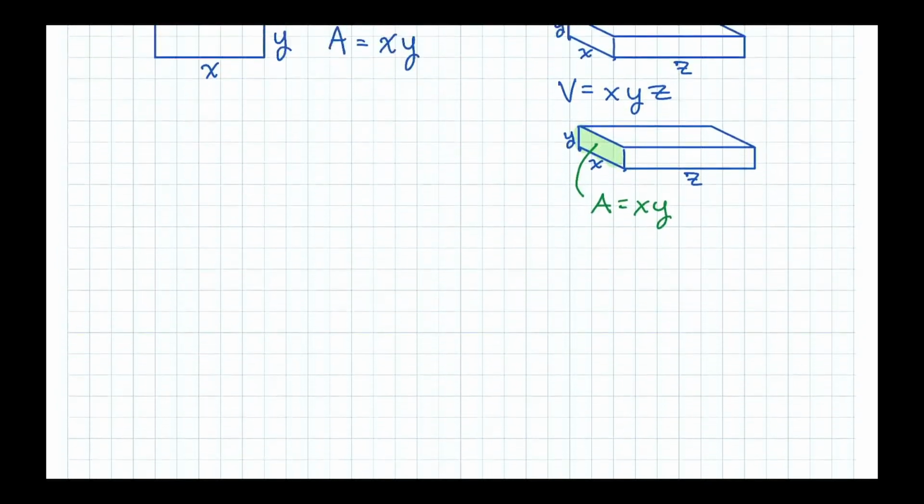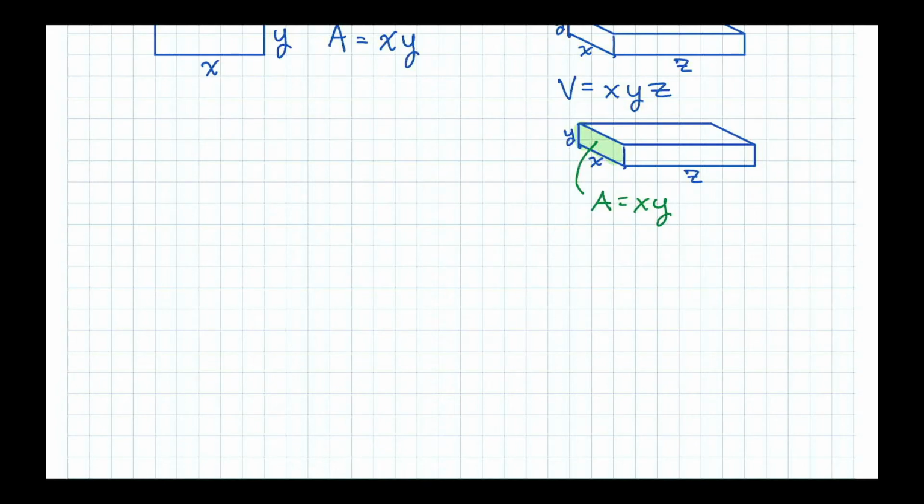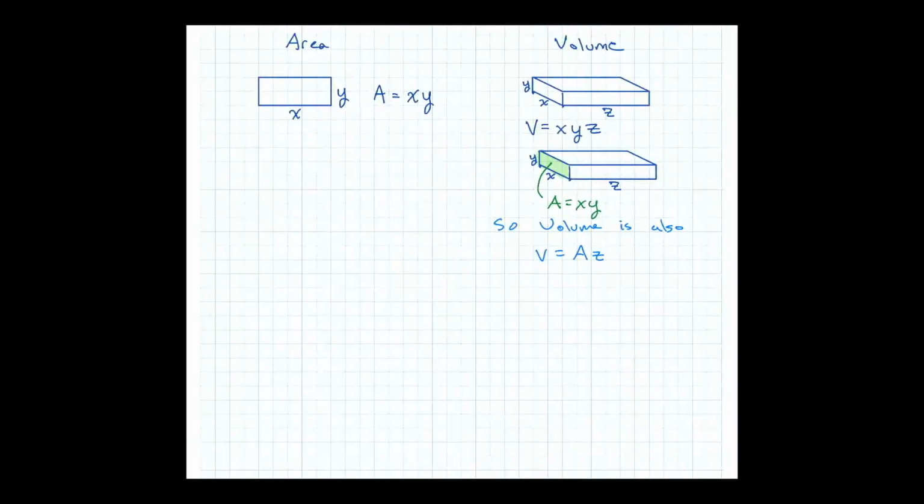And so if you think about it, you could rewrite the volume this way. So the volume V equals not X times Y times Z. It is X times Y times Z, but you can think of it as just the area times the Z. So if you calculate this area here, then you just multiply it by this third dimension because the area already has two of the dimensions.